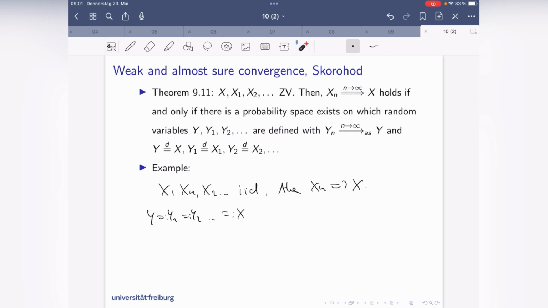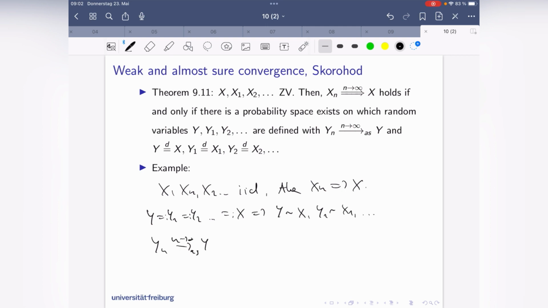Since everything has the same distribution, y is distributed as x, y1 is distributed as x1, and so on. But of course, since they're all the same, they also converge almost surely to y, because they're the same anyway.